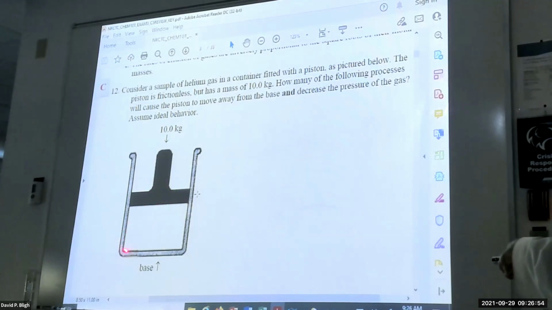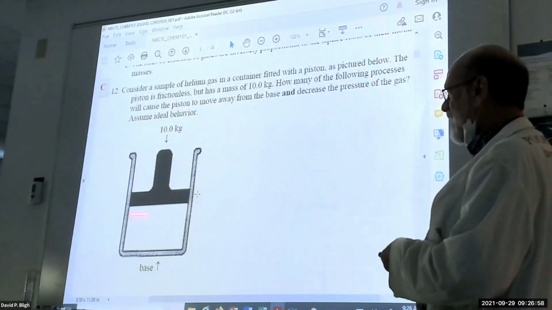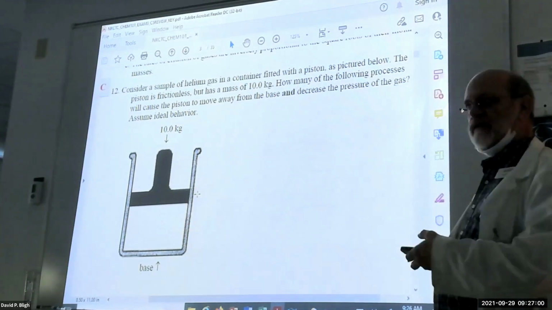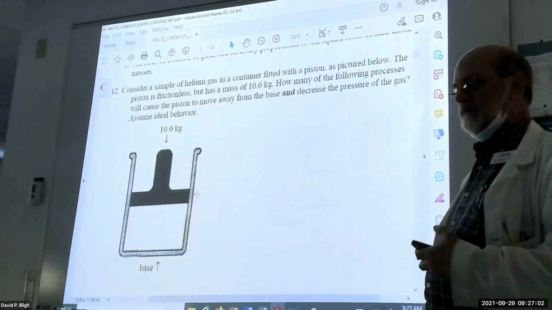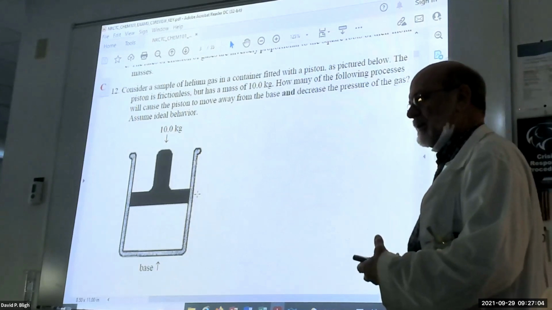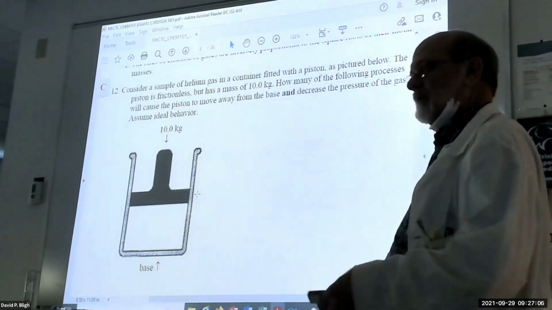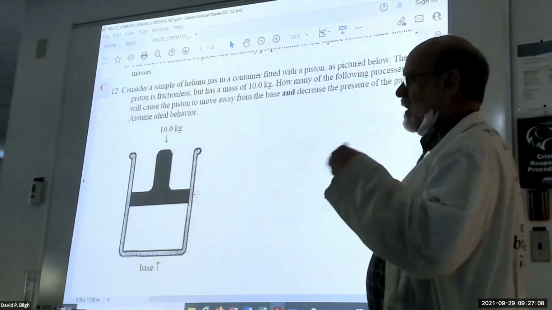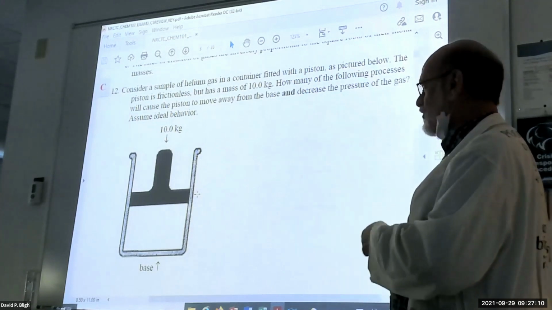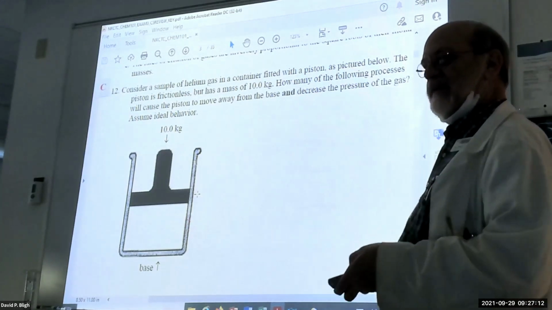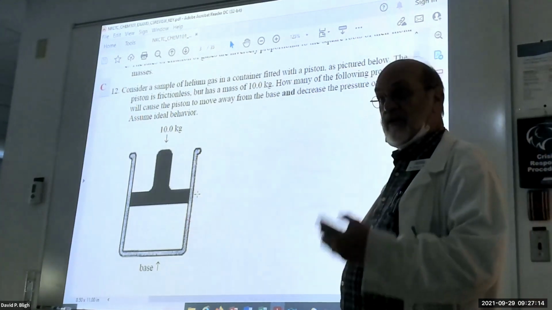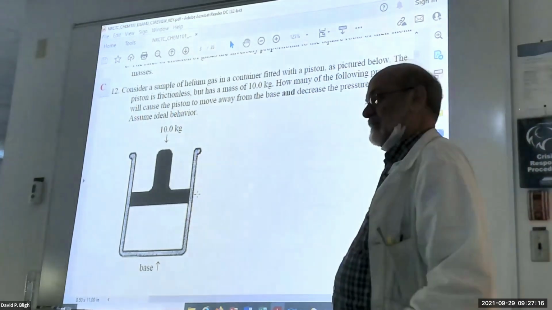So we can vary the volume. And it doesn't look like there are any valves here. So whatever's trapped in there is constant moles. We don't have to worry about changing moles. It means Avogadro's out, at least as long as there's no chemical reaction here, right? If there's a chemical reaction in there, then you can change the number of moles of gas without a valve.